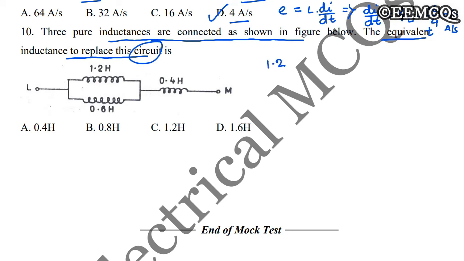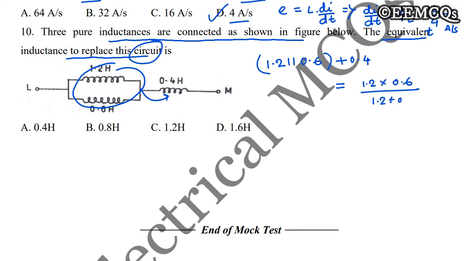The 1.2 Henry inductor is in parallel with 0.6. Then we have to sum it with 0.4 Henry because this combination is in series with this. So this will give you 1.2 into 0.6 by 1.2 plus 0.6, plus 0.4.